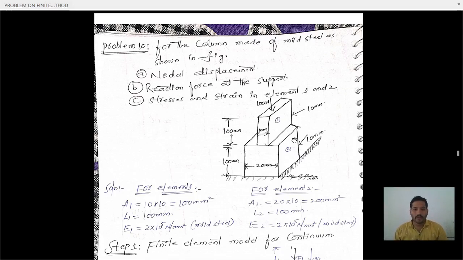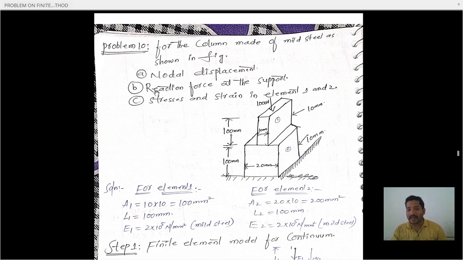A column is made of mild steel, in which we need to find out the nodal displacement, as well as, in the second condition, the nodal force. The nodal displacements are Q1, Q2, Q3, and we need to find out the reaction force at the support.